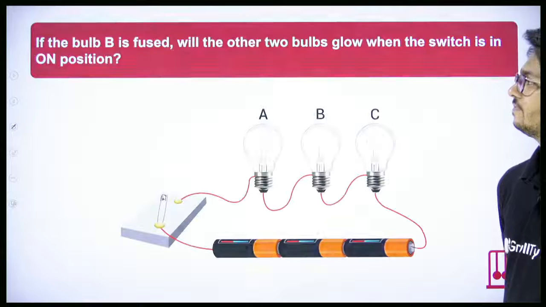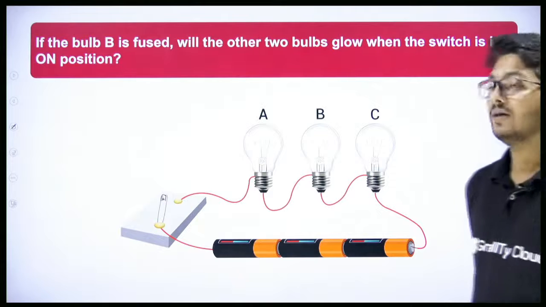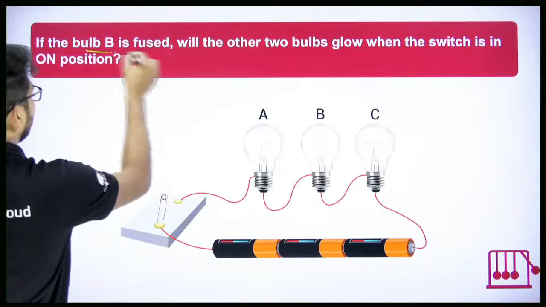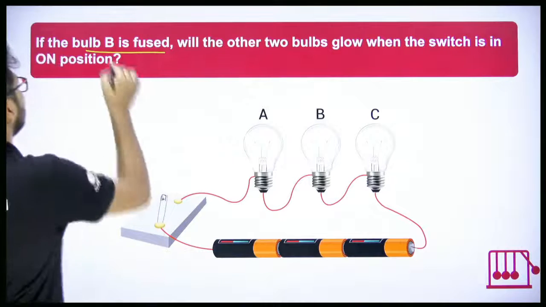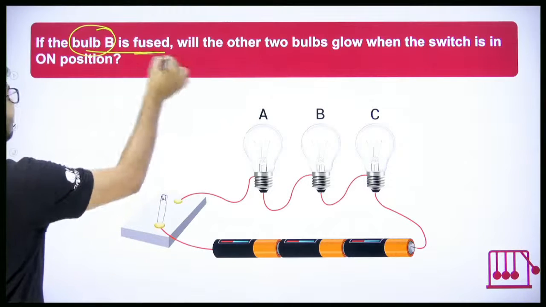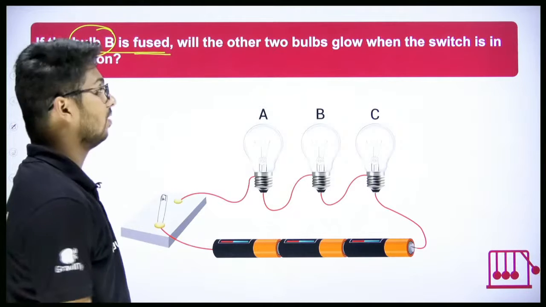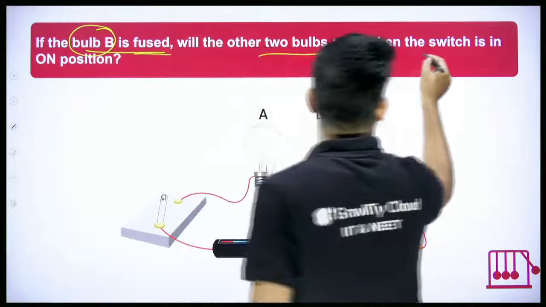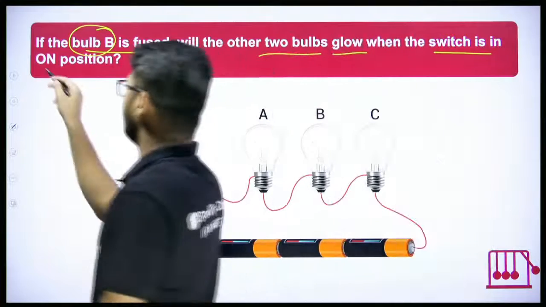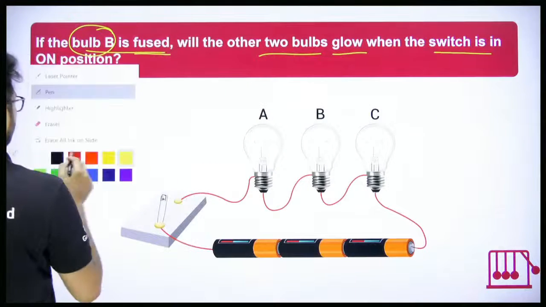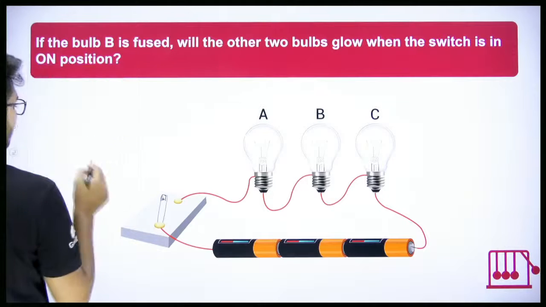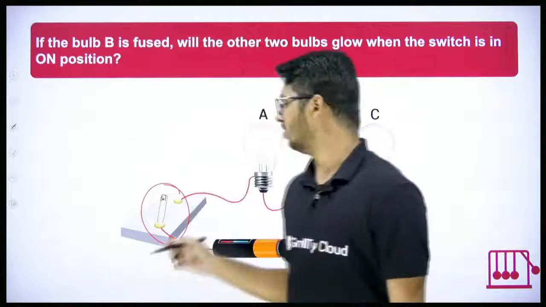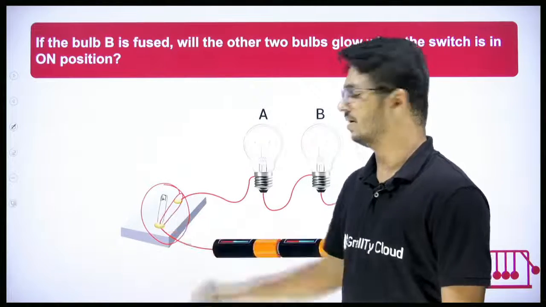Clear? Good. Next. Look at the question here. If the bulb B is fused, now what are fused bulbs? You have to know. Will the other two bulbs glow when the switch is in on position? Here it is shown as off, but let's say the switch is in on position and the connection has been made.